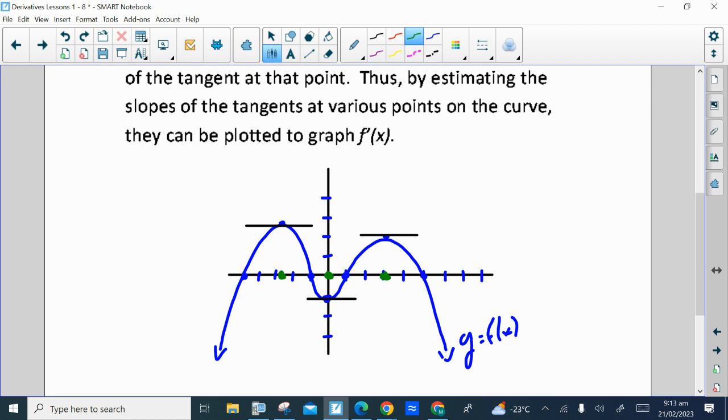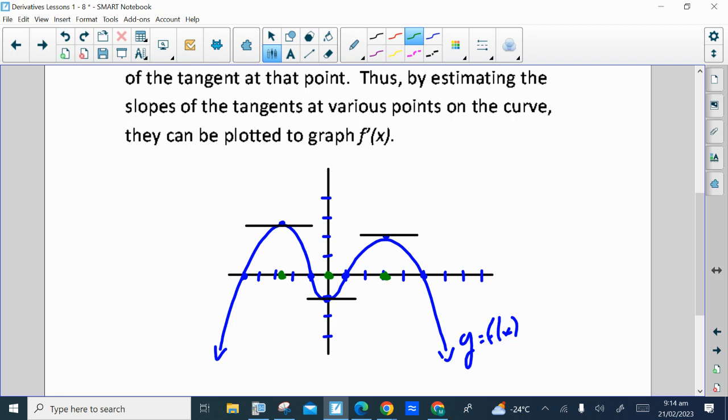Now, we cannot determine any other slope of the tangent on this graph just by looking at it like we just did. However, in this first interval, going from negative infinity to this x-intercept, anywhere in that first interval, because the graph is rising, the tangent line will have a positive slope.